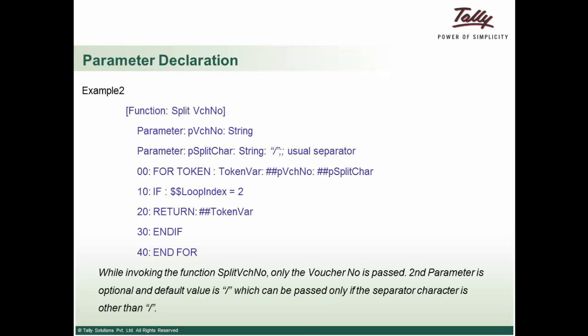This is another sample. Do not get into too much detail. We will see how to create functions once we reach a level of understanding of at least a few actions we can use. Again, it is taking two parameters as input, and you can see here we have an optional parameter character. If the user gives the input, that would be considered. If the user does not give an input, slash will be the default value.